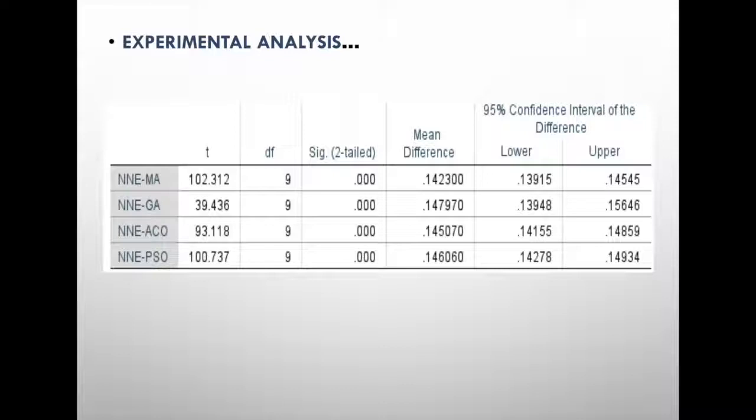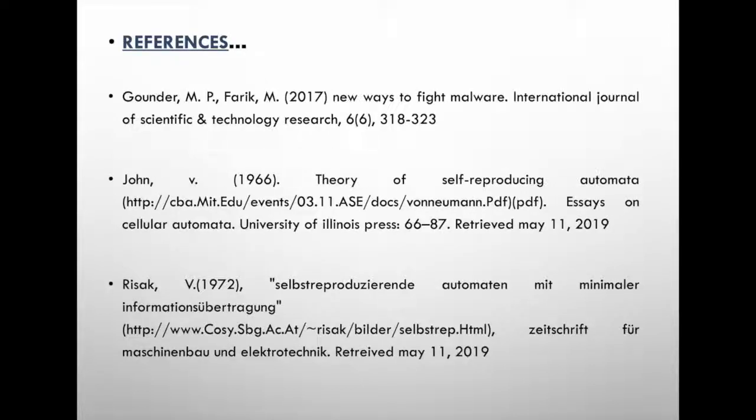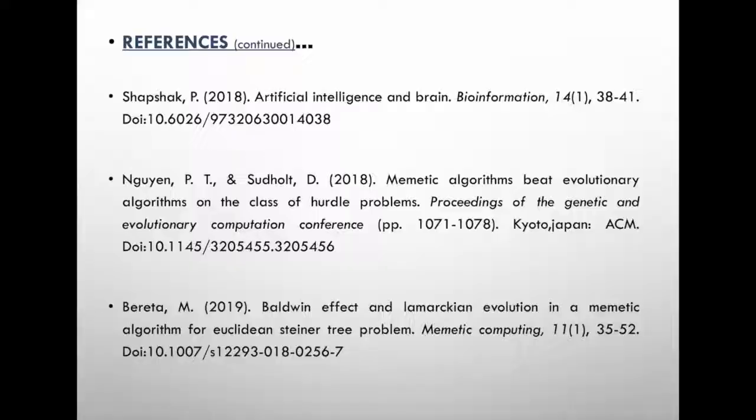And the local search procedure, where we apply the Tabu Search, helps to minimize error, which increases accuracy as a result of the local search improvements. So this is a real solution for a real problem.